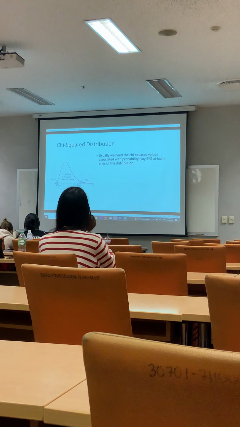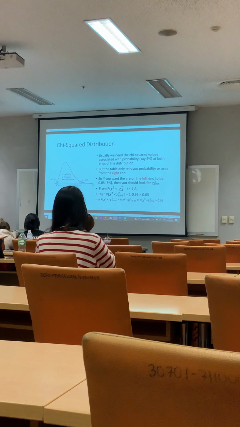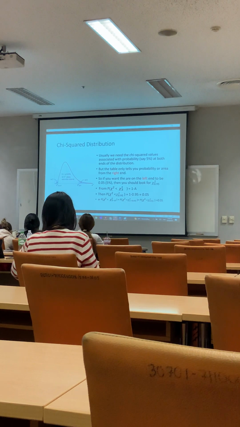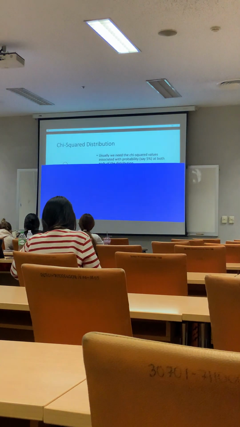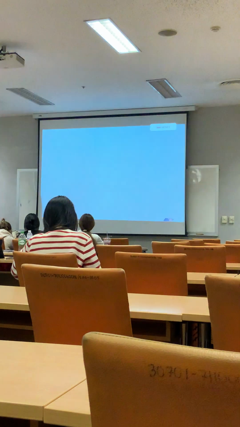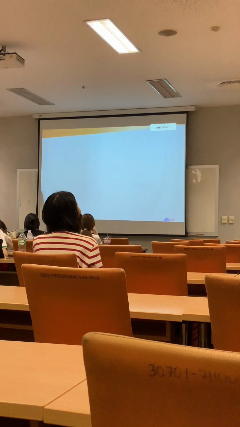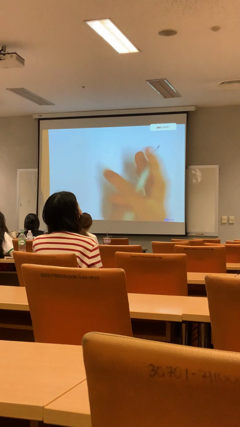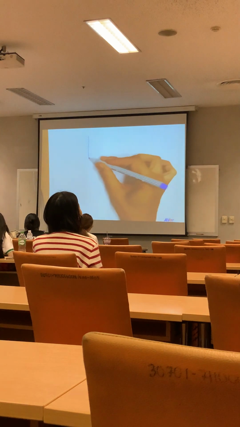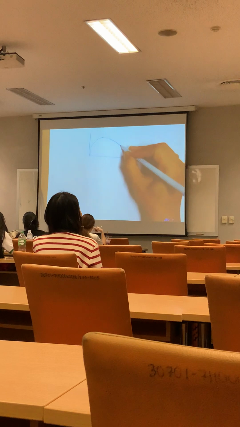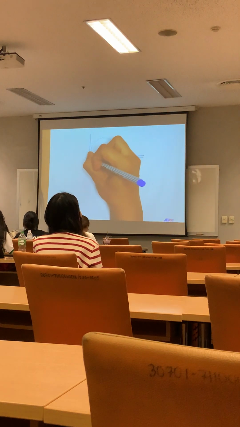But it's not difficult. Let me explain what this means. I think drawing a graph is better. Let's say I want to identify two chi-square values. The chi-square value is going to start from 0.